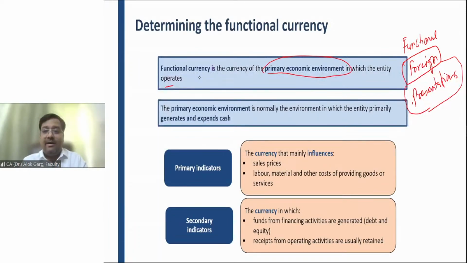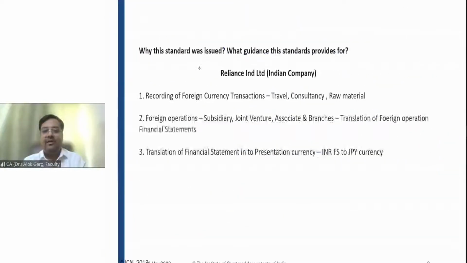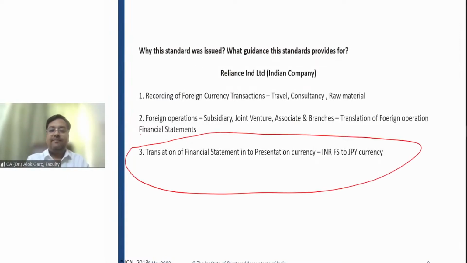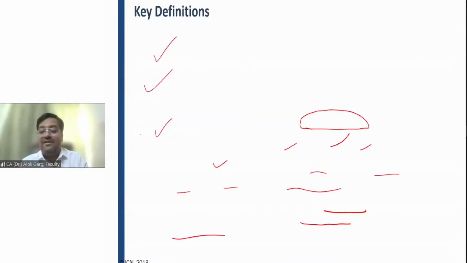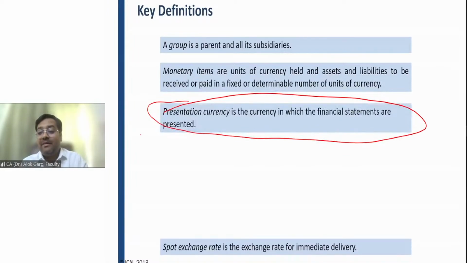And you remember, I have told you three cases of what we are going to learn in this standard. Translation of financial statements into a presentation currency. So this rule will be applicable. An Indian company having a functional currency of US dollar has to present its financial statements into INR.